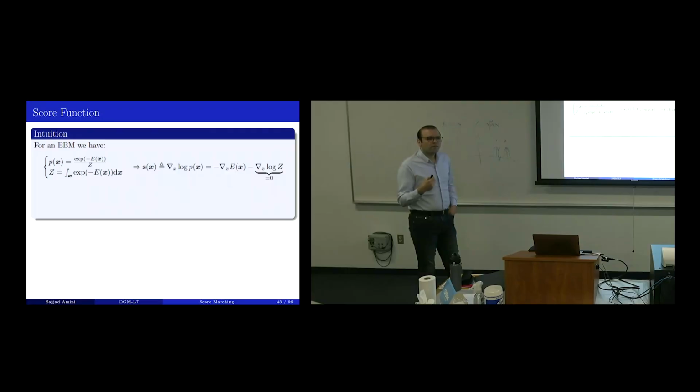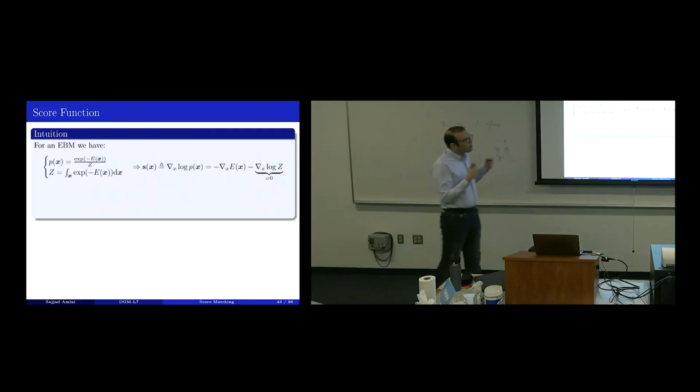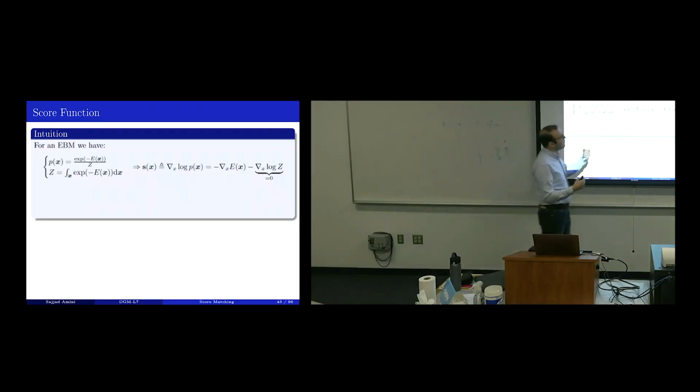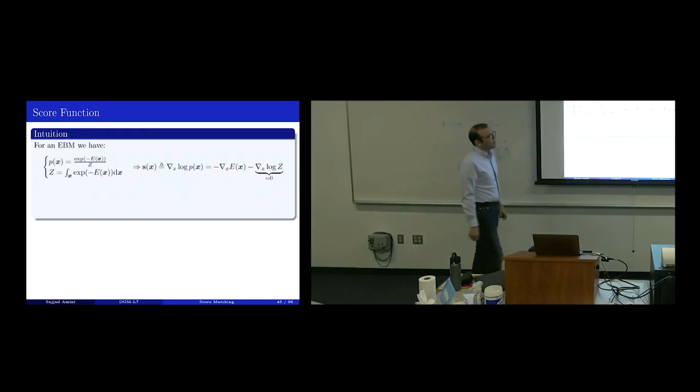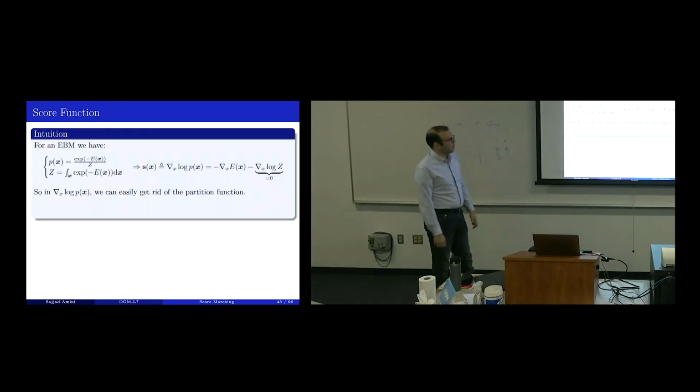The problem for the likelihood type is the partition function. You cannot calculate it. But if you have something about the gradients of the log of the model PDF, then you have something which is independent of the partition function.